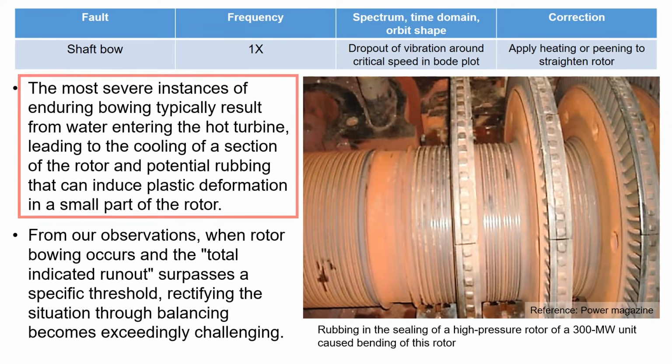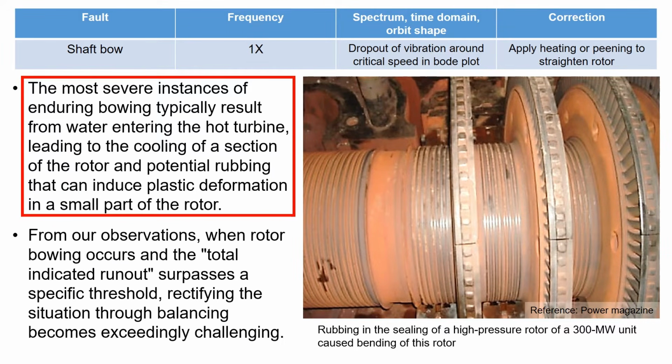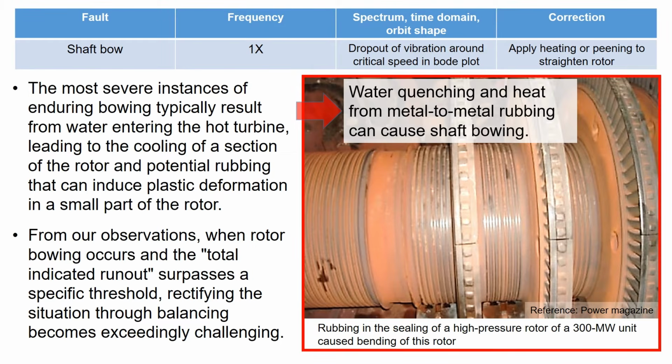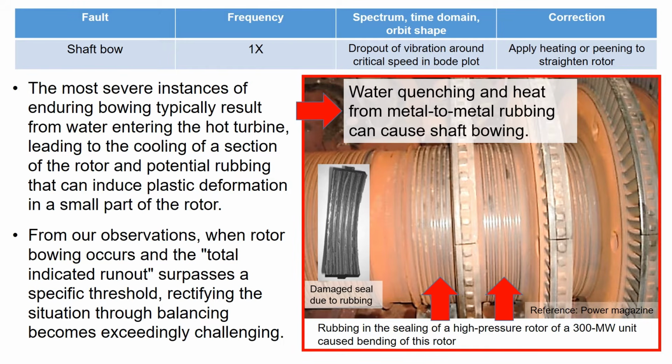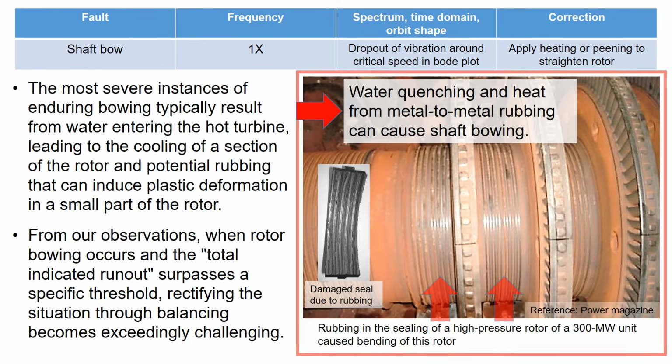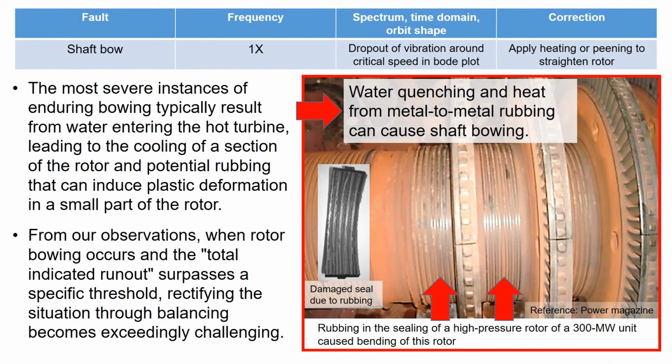The most severe instances of enduring bowing typically result from water entering the hot turbine, leading to cooling of a section of the rotor and potentially causing rubbing that can induce plastic deformation in a small part of the rotor. An example of the seal rubbing the rotor is shown on the right, which can slowly bend the shaft over time.